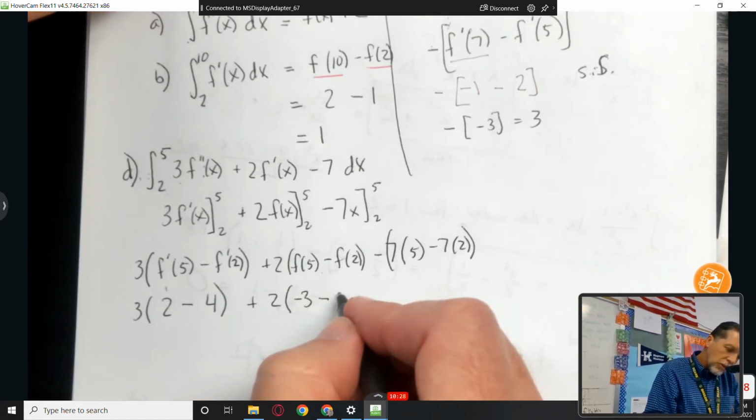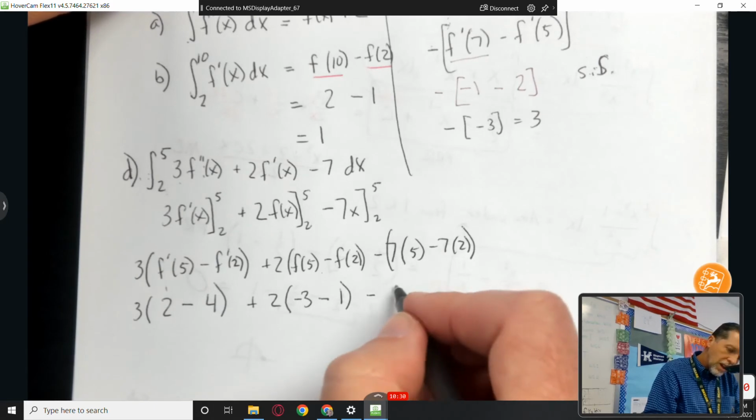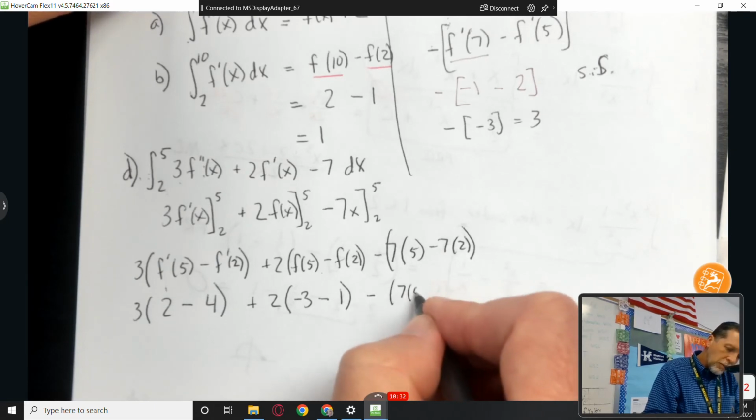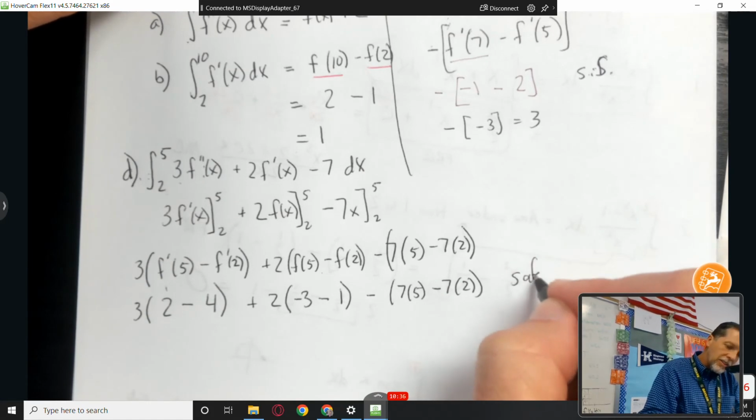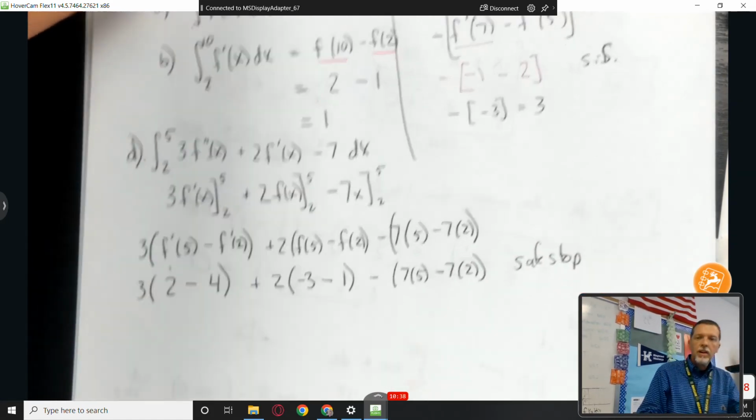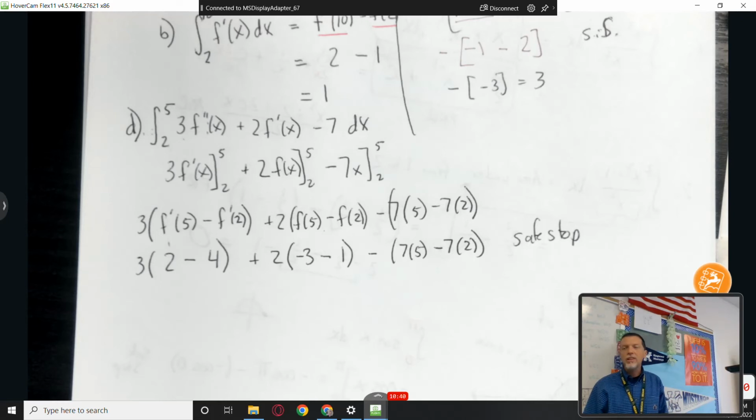F of 2 is 1. And then, why even bother? Let's leave it alone. That now is a safe stop. Now it's just ready for some computation. We don't really want to do that, unless it's multiple choice, and then we have to figure out which one it is. But left to our own, we would stop there.